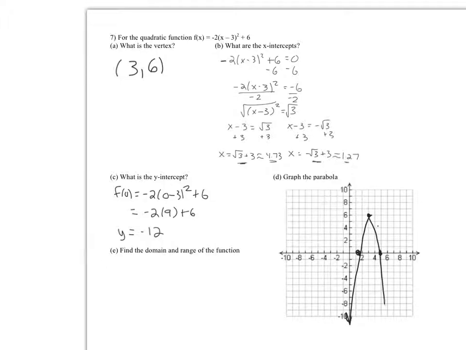So I'll sketch it in. And then this time our domain is again negative infinity to infinity, but our range goes all the way down to negative infinity, but this one has a maximum. This one goes up to 6 at its highest point. Here.